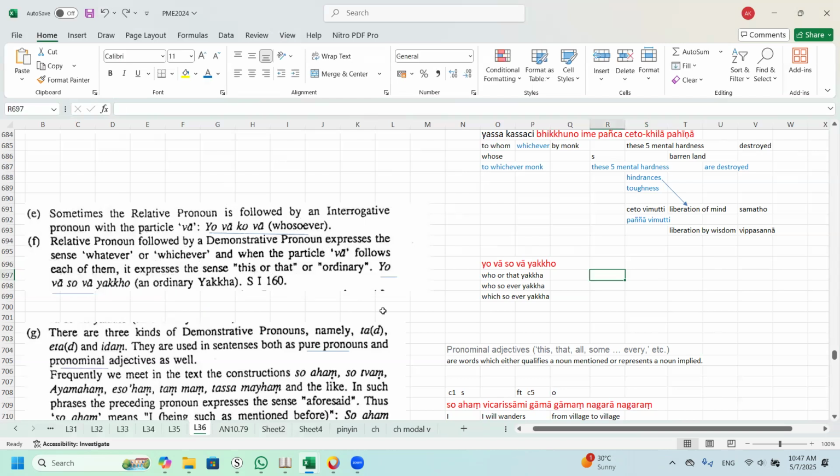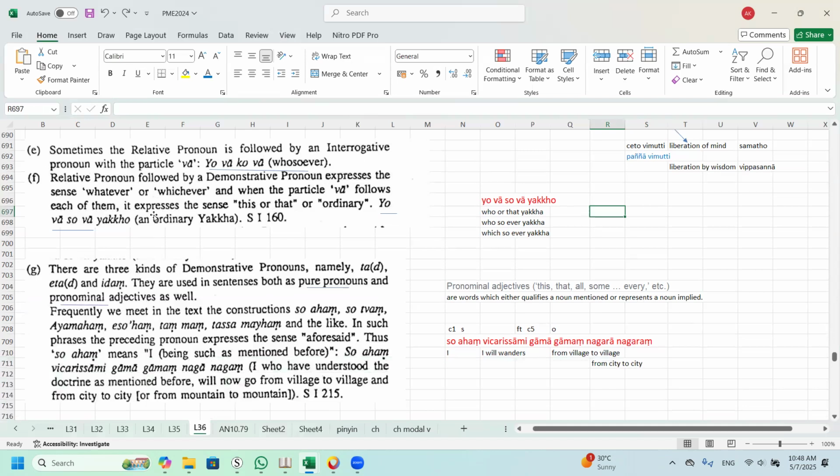Here it means an ordinary yaka. This is a little bit difficult to understand. When we look at the longer sentences, we are able to translate. But if we cannot figure it out, you just put ordinary yakas, or perhaps a certain yakas also can.